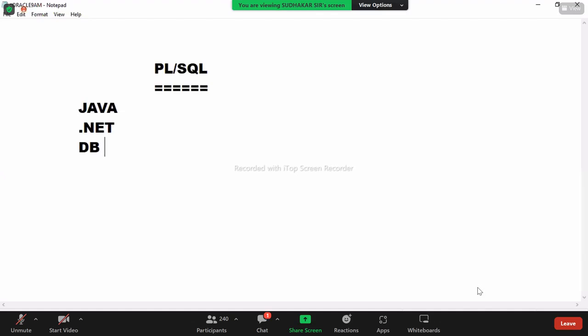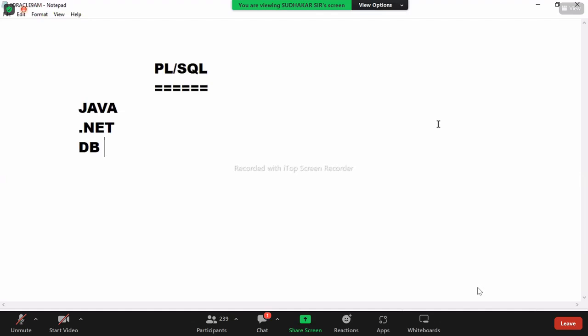Other than these three technologies, for the remaining technology people it is optional. Optional means the choice is yours, but learning is no use. Learning has only one use. If you are a Java student, useful. .NET student, useful. Database people, useful. If you're trying for jobs in these three technologies, useful.